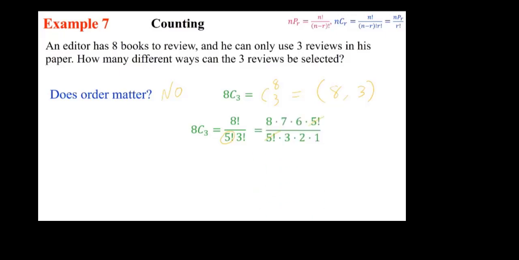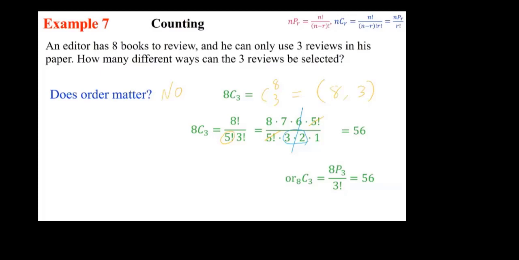And so we can get rid of the largest factor between the top and the bottom, which is 5 factorial. Number 6 and 3 times 2 are identical. So you're left with 8 times 7 over 1. And that's your answer.